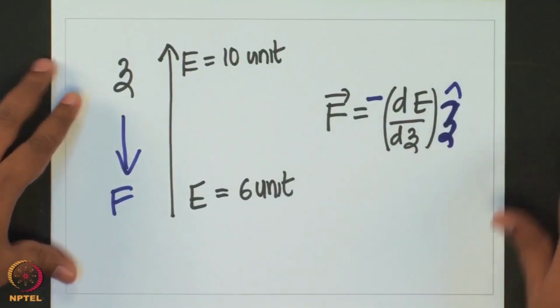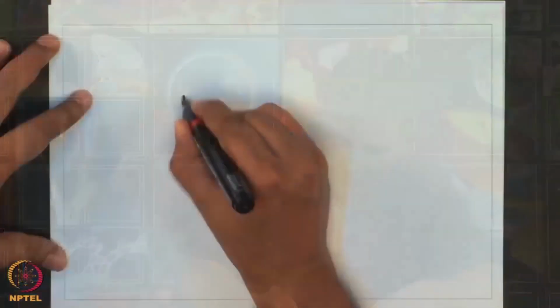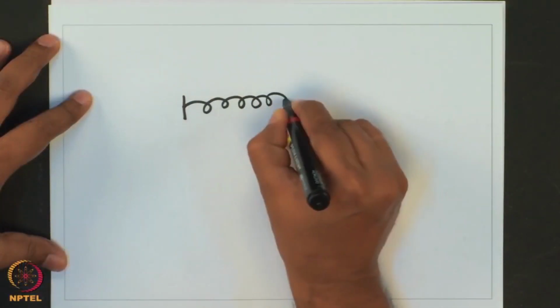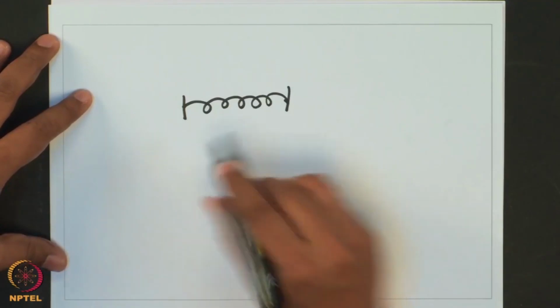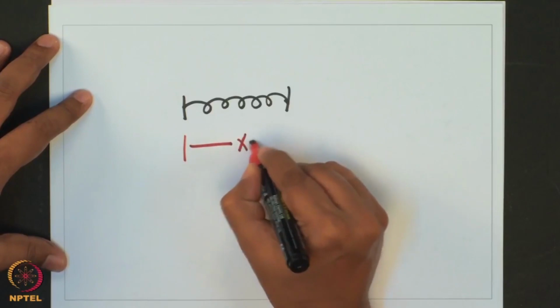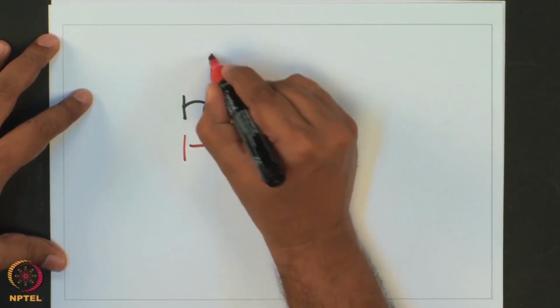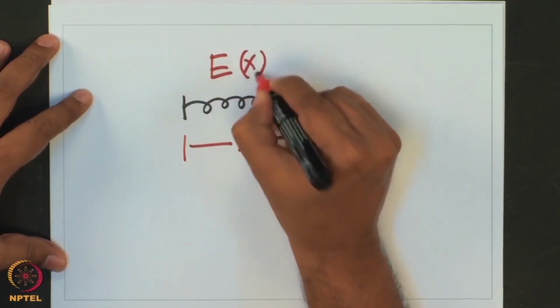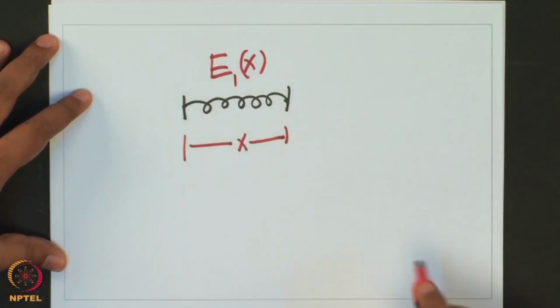Now let us think of this by taking a simple example of a spring, something that we all know. Many of the biological molecules, proteins, can be thought of as a spring as far as elastic energy is concerned, or many bond energies are concerned. So let us take a spring. This has some x, and there is some energy for this particular x. Let me call it E1.